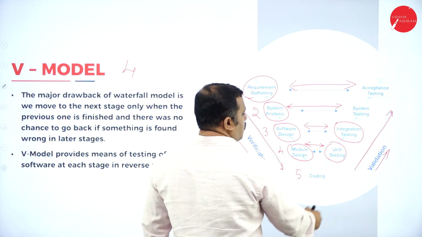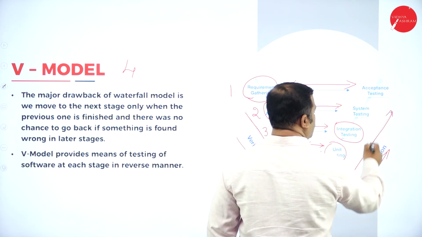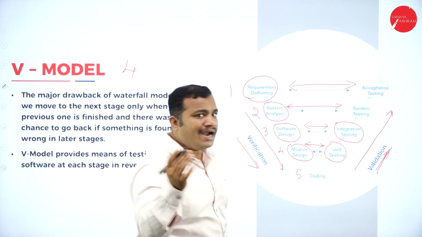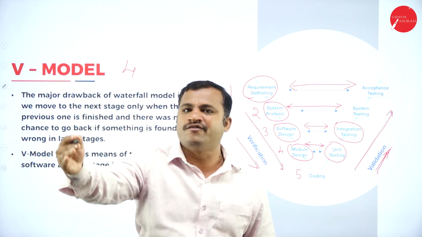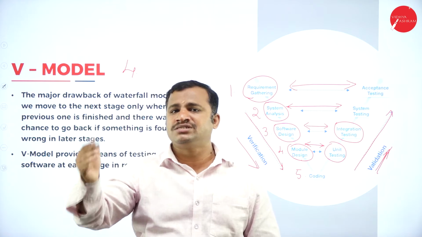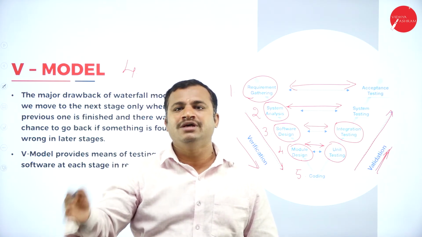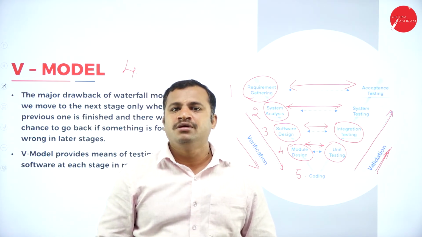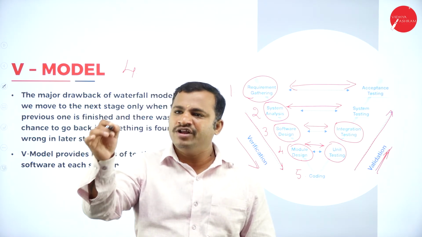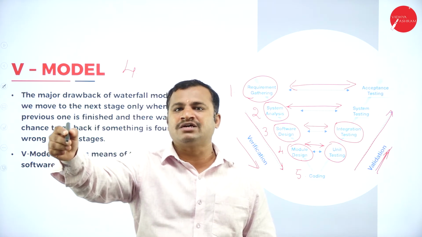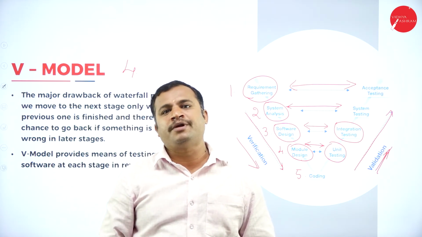So in this case, once the unit testing is being carried out, what is the meaning of validation? Let me tell you that validation means whether all of the requirements given by the customers are going to be met or not. That is called validation. What is called verification? Verification means everything which is asked by the customer is properly incorporated or not.